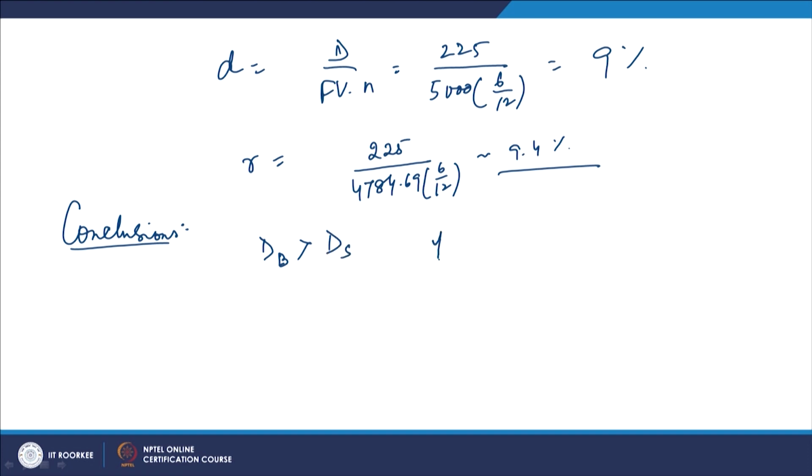If R is taken as equal to D, that is what we have seen in this example, and if dB is equal to dS, in that case R will be more than D. So, this is the difference between the simple discount and the bank discount.